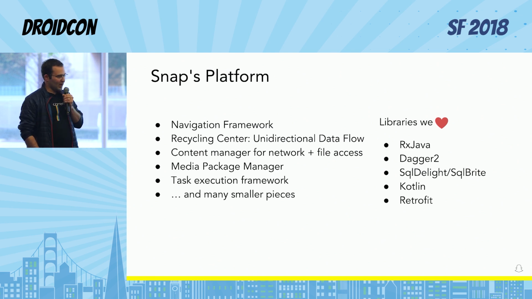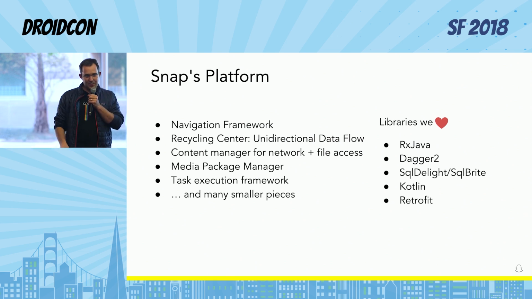But even with the abundance of excellent software out in the open source community, there were still a number of problems, some specific to Snapchat, some not, that we felt we needed to build our own libraries to support. Most notably, I think, is a navigation framework that is very unique to Snapchat. We have a very swipe-heavy experience.